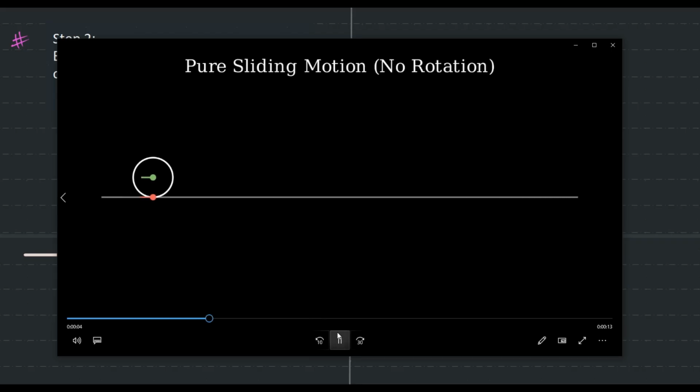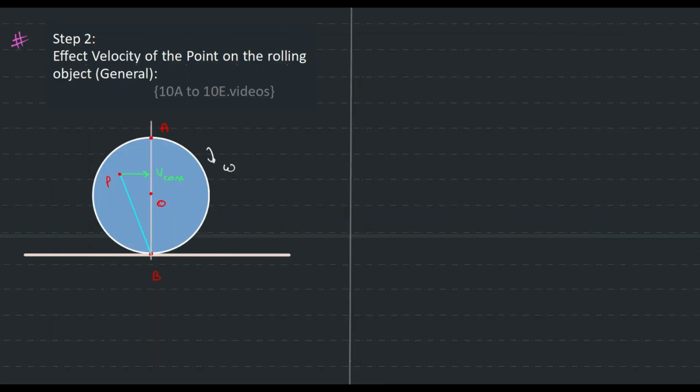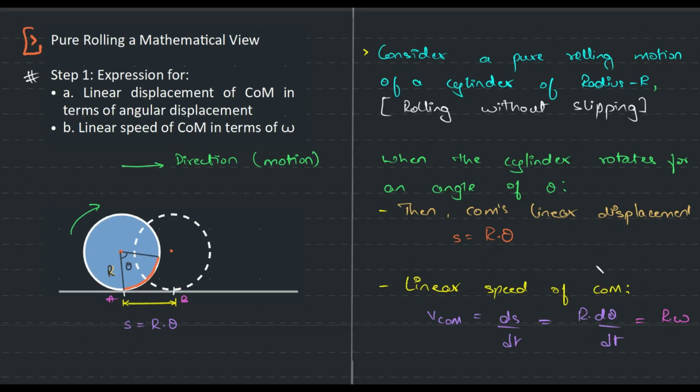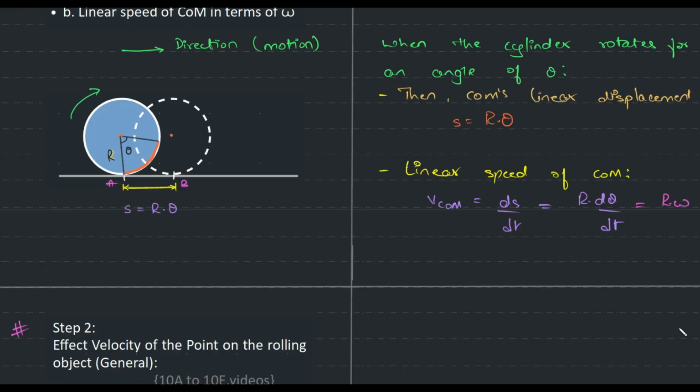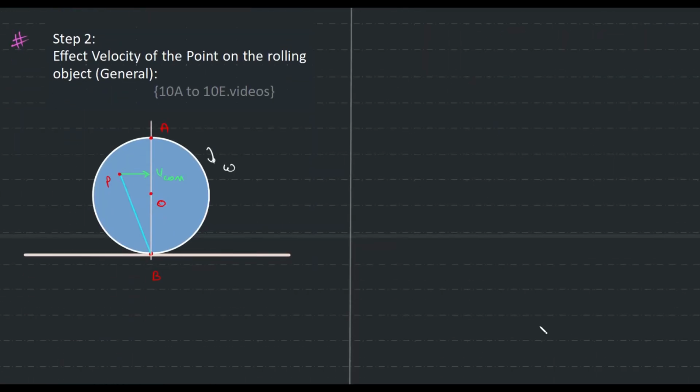All of the rolling is divided into two parts. One is your translation motion and the other is your rolling motion. So first we are looking at the translation motion. With respect to translation motion, the object is moving forward with the same velocity as that of the center of mass, right? R omega basically.